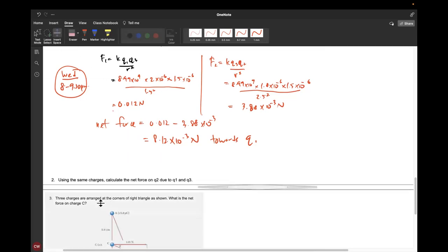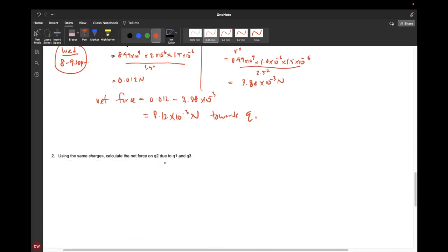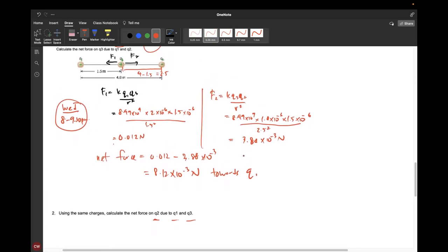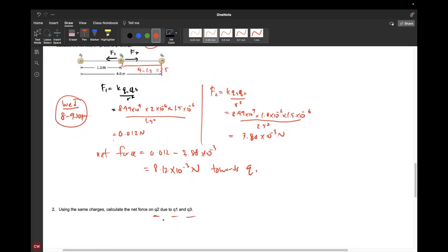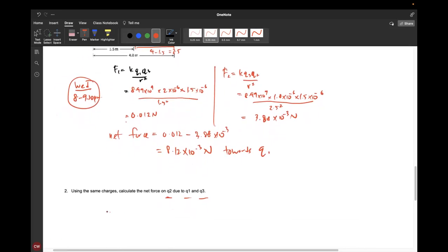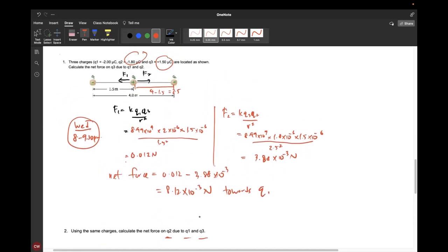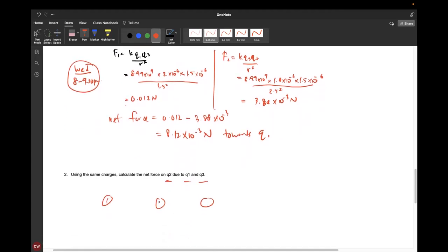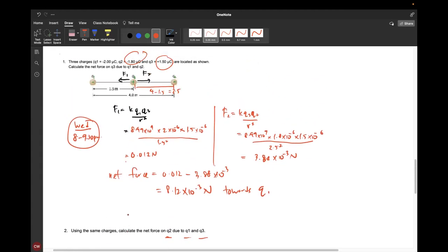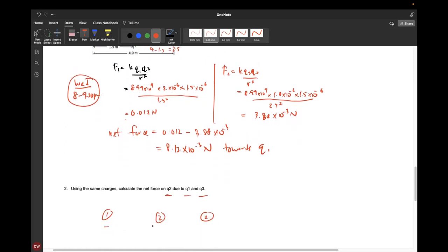Use the same charges, on Q2 due to Q1 and Q3. Q1, 2, 3, so 1, 3, and 2. Negative, positive, negative.